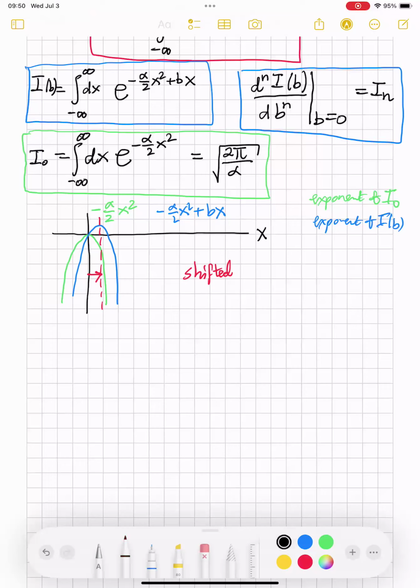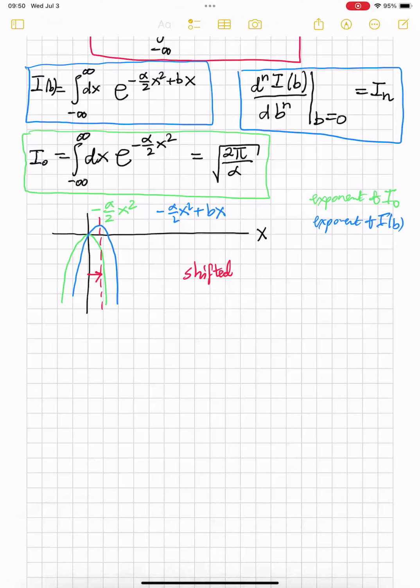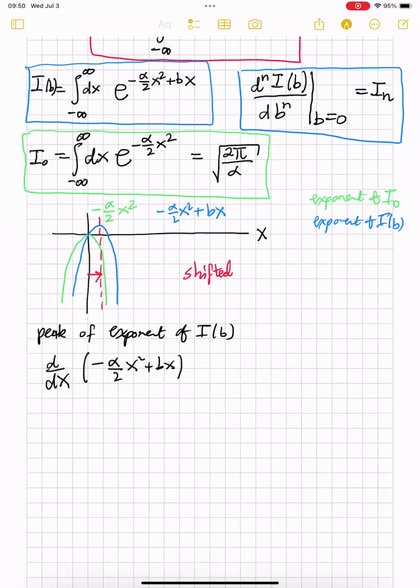So first, where does the exponent of IB peak? So let's work out the peak of the exponent of I of B. Well, that's very easy. We just say d by dx of minus alpha over 2 x squared plus bx is equal to 0. And if we take the derivative, the first term is minus alpha x, the second term is b.